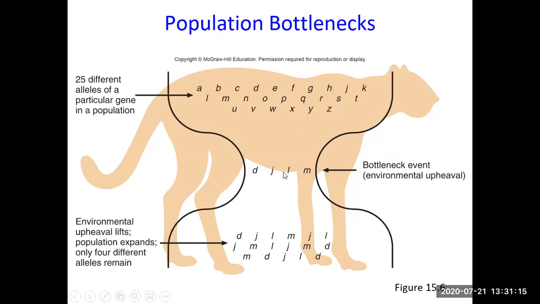Because of rampant hunting, poaching, habitat destruction, and adverse conditions, cheetahs started dying or were killed, and the population declined. The ones that survived probably ended up having only these alleles. This is the bottleneck that happened.